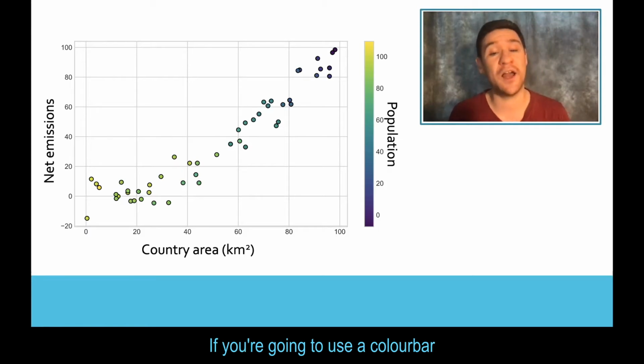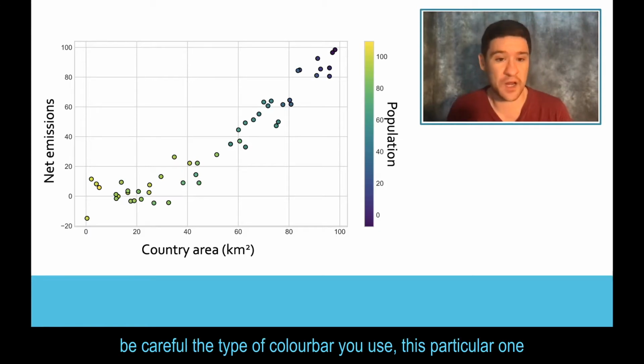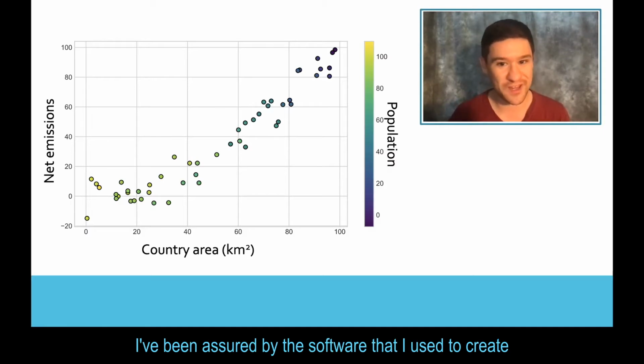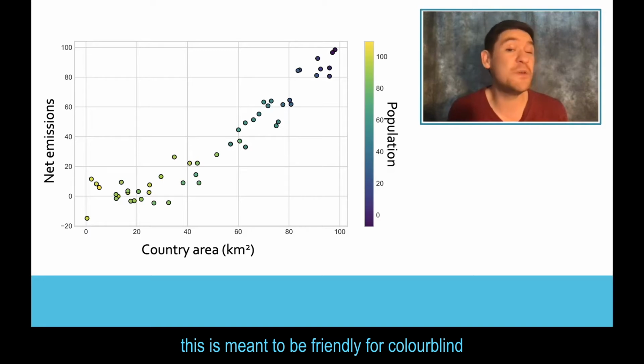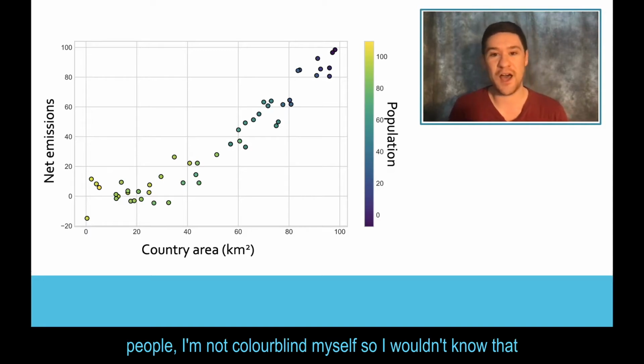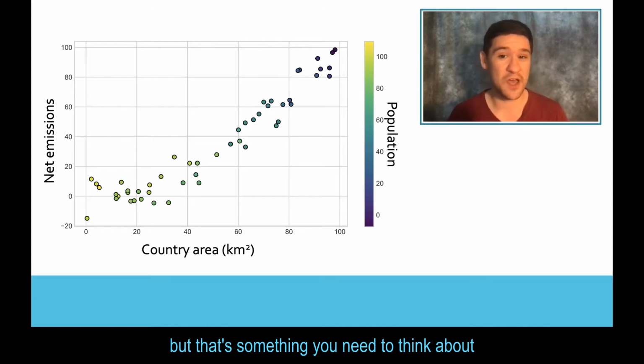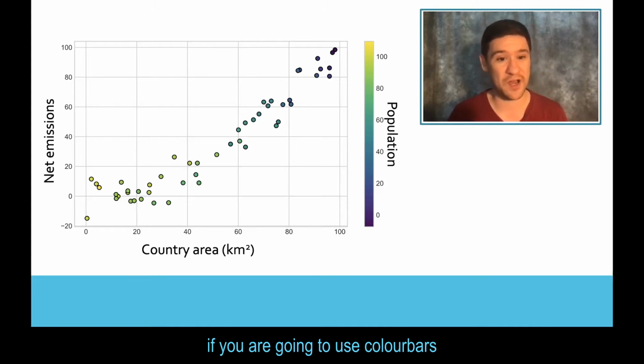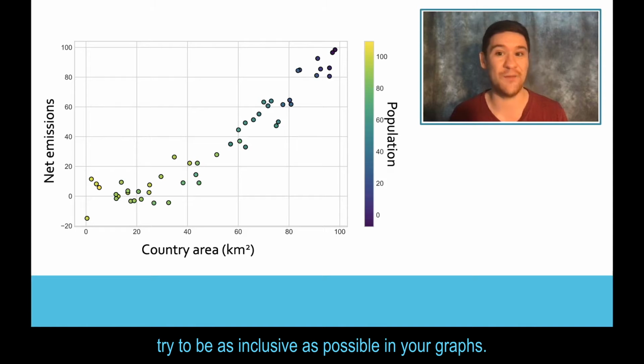If you're going to use a colour bar, be careful the type of colour bar you use. This particular one, I've been assured by the software that I use to create this, is meant to be friendly for colourblind people. I'm not colourblind myself, so I wouldn't know that, but that's something you need to think about. If you are going to use colour bars, try to be as inclusive as possible in your graphs.